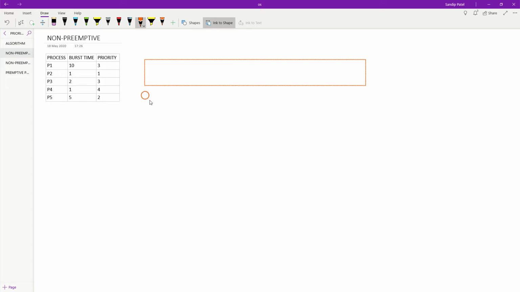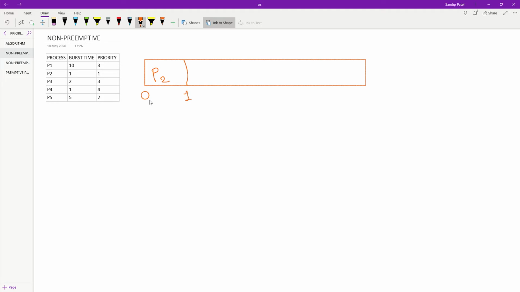Now we just have to compare the priority and select a process among these 5 processes. At 0 milliseconds, which process will first enter the CPU? The highest priority is process P2, so it will enter the CPU first and complete its execution up to 1 millisecond.